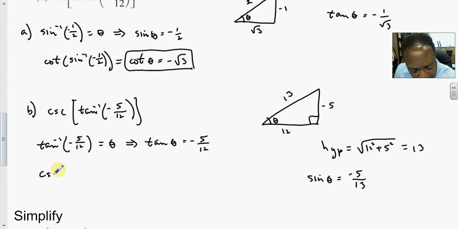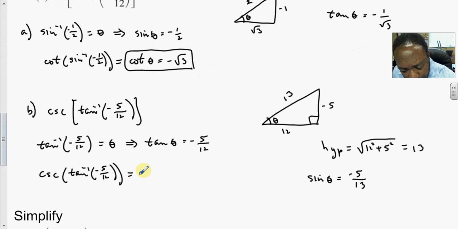So the cosecant of tan inverse of negative 5 over 12 is cosecant theta. Cosecant theta is the reciprocal of sine theta. So that gives us negative 13 over 5.